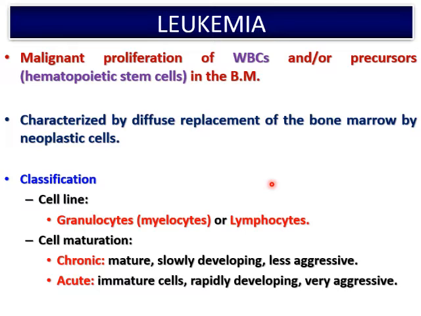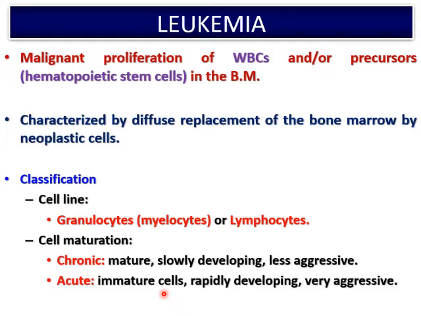Leukemia may arise from mature cells, and I call this condition chronic leukemia. Chronic leukemia may arise from mature lymphocytes, and I call this condition chronic lymphocytic leukemia. But if chronic leukemia arises from myelocytes or granulocyte cells, I call this condition chronic myelocytic leukemia.